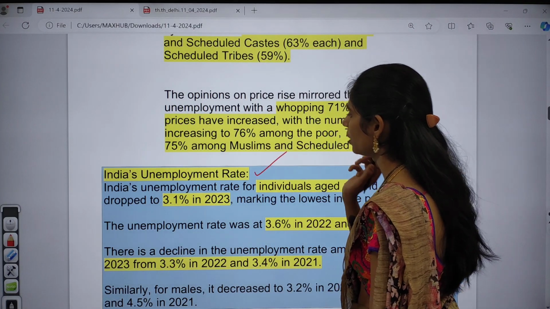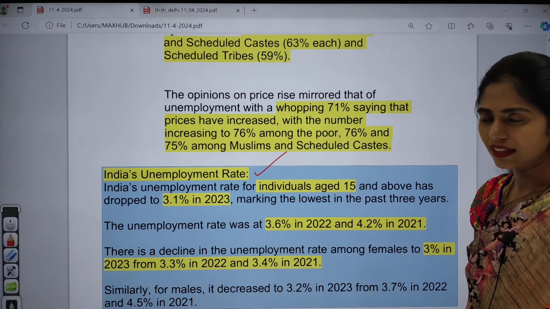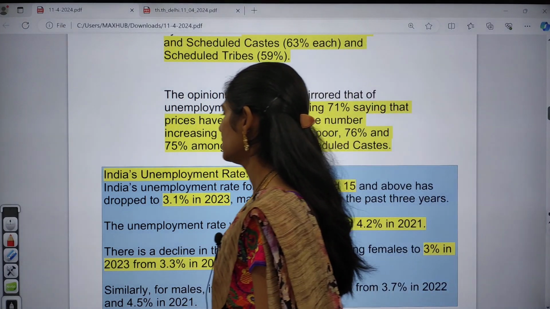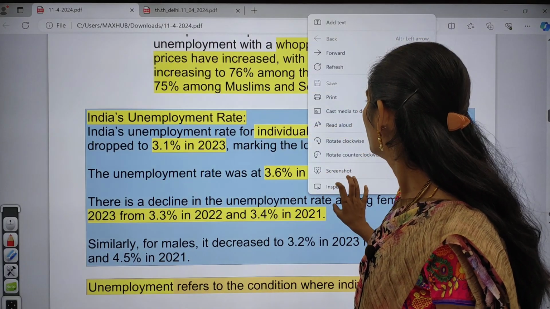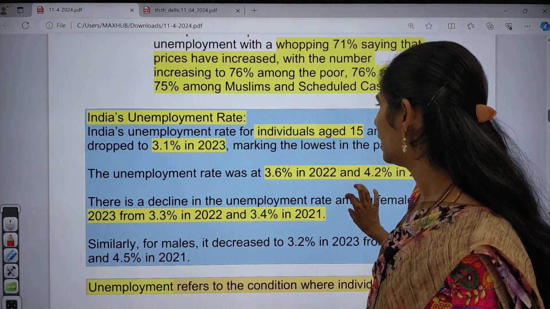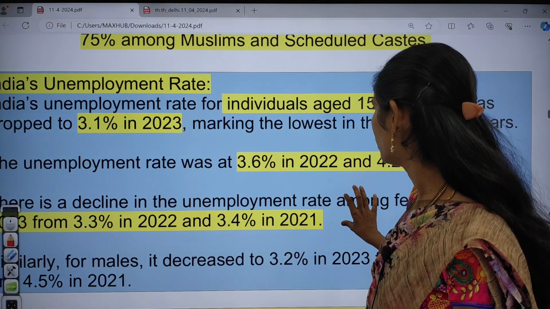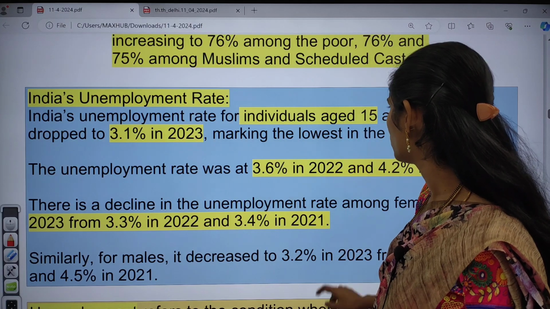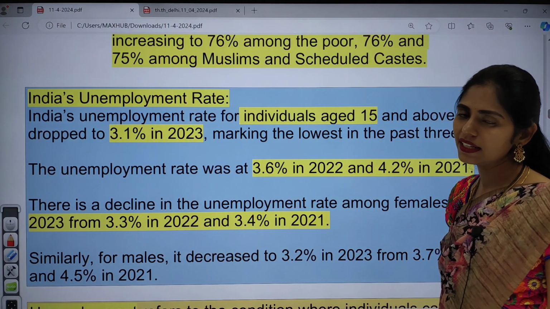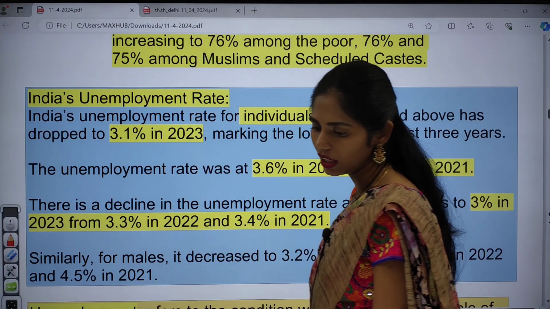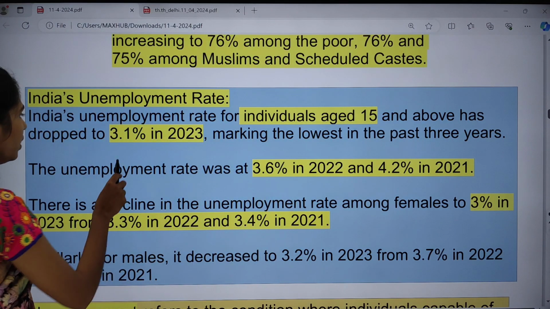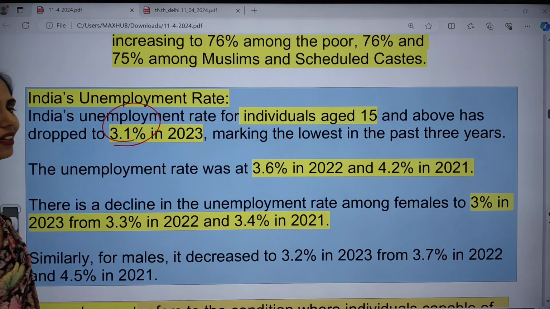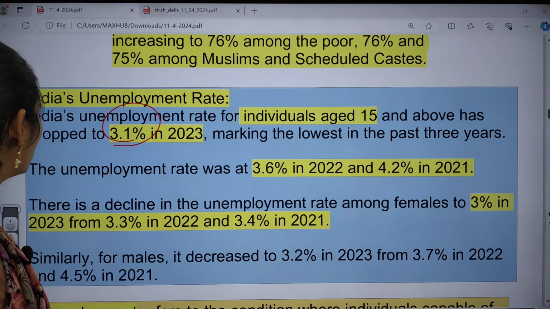If you are talking about the unemployment rate in India, the data says that India's unemployment rate for individuals aged 15 and above was around 3.1 percent in 2023, and it is the lowest in the past 3 years.